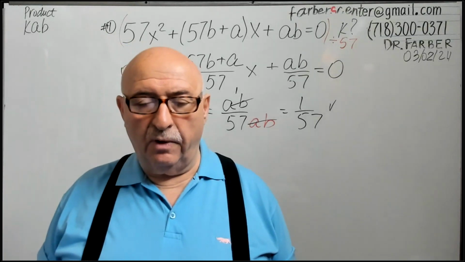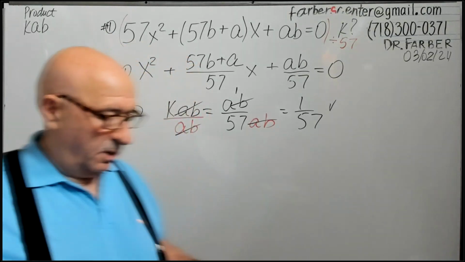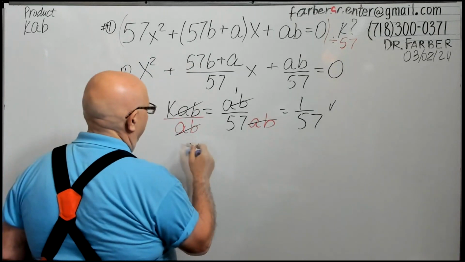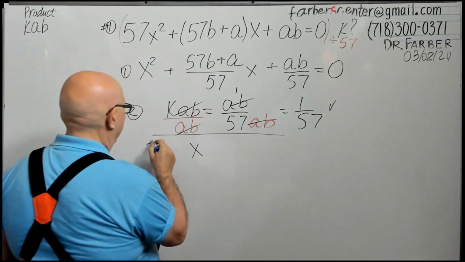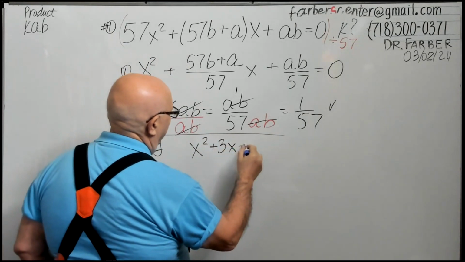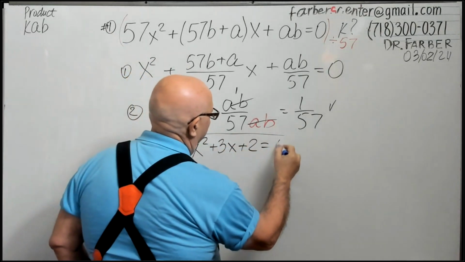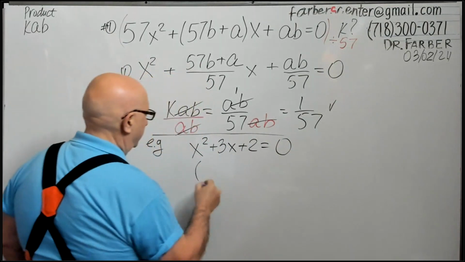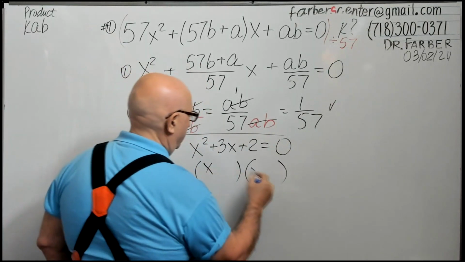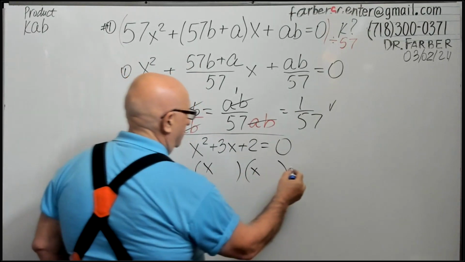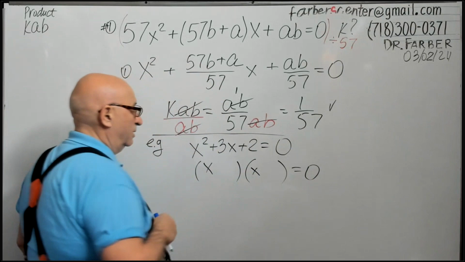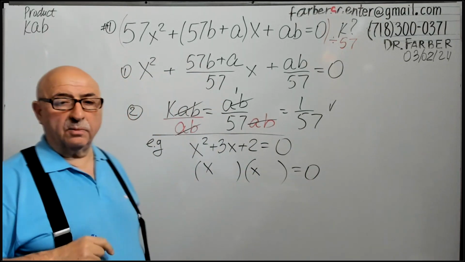According to the Francois Vieta theorem, I give an example. For instance, x squared plus 3x plus 2 equals 0. You factorize. Alyssa, what are you supposed to write here for factorization? Plus 2, plus 1.